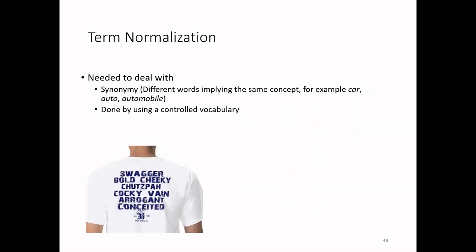So what one can do is perform what we call the term normalization operation and say, all right, I will replace every occurrence of car, vehicle, automobile, or anything else with one common term. Let's call it car or auto. So that way you don't make a distinction when you are indexing between car and auto and so forth. Okay.